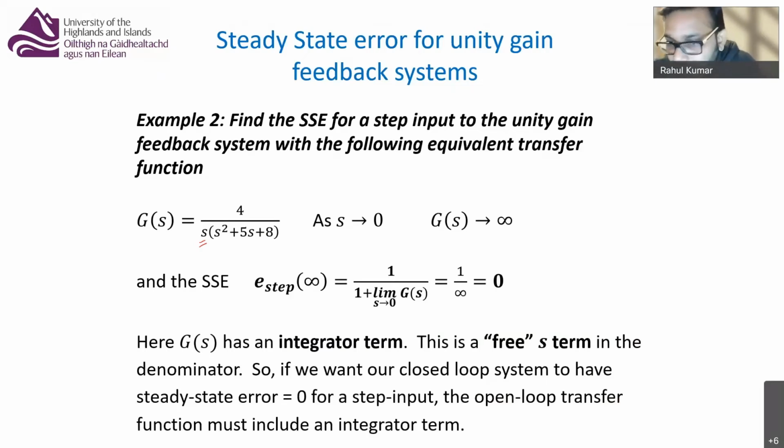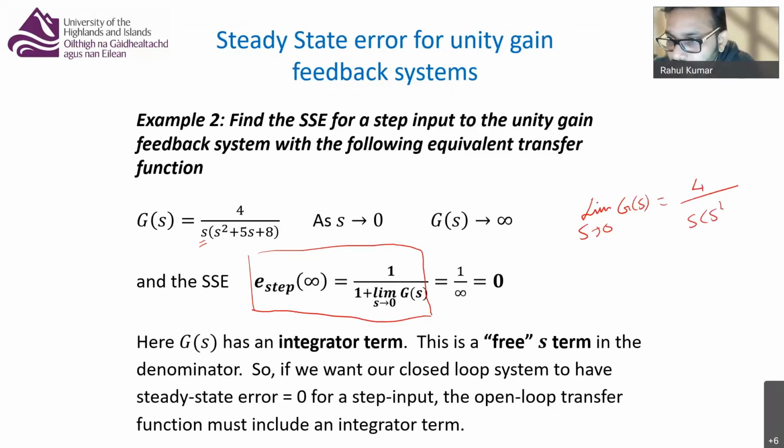Again I have my formula. Again let's calculate limit s tending to 0 of g of s separately. This time I have 4 divided by s times (s square plus 5s plus 8).